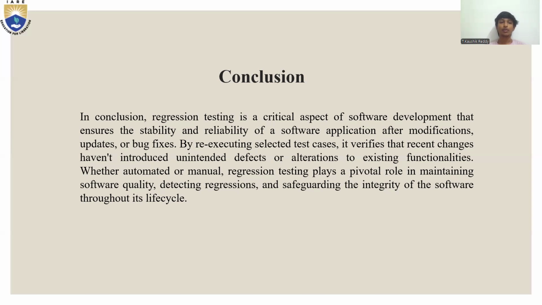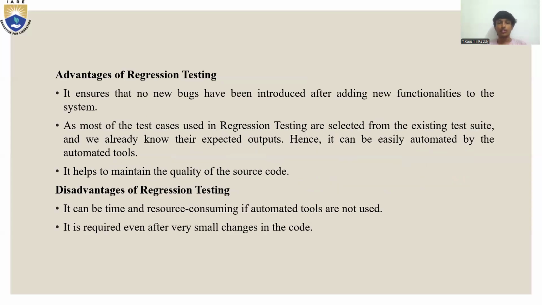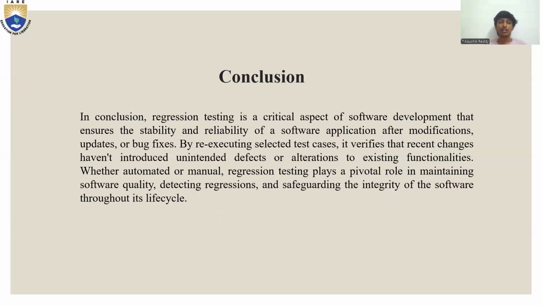Whether automated or manual, regression testing plays a vital, pivotal role in maintaining software quality, detecting regressions, and safeguarding the integrity of the software throughout its life cycle. So we already learned the advantages and the disadvantages of regression testing, and this is the conclusion for it.